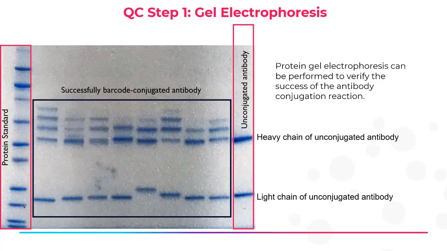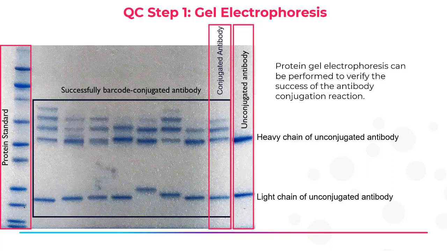Here's an example of the first step. So, if the conjugation reaction is successful, you will see an increase in the heavy chain of the antibody. In this example, you can see the protein ladder on the left and the unconjugated control antibody on the right. Next to the unconjugated antibody, you can see a successfully conjugated antibody.